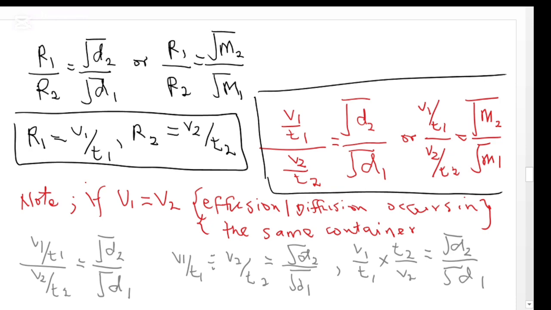Now since the volumes are equal according to what we just said, V1 and V2 will cancel out. T2 over T1 is equal to square root of D2 over square root of D1.